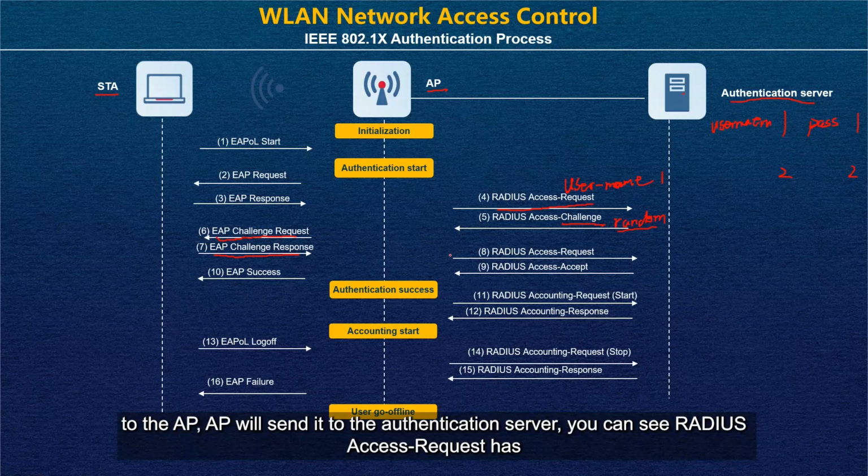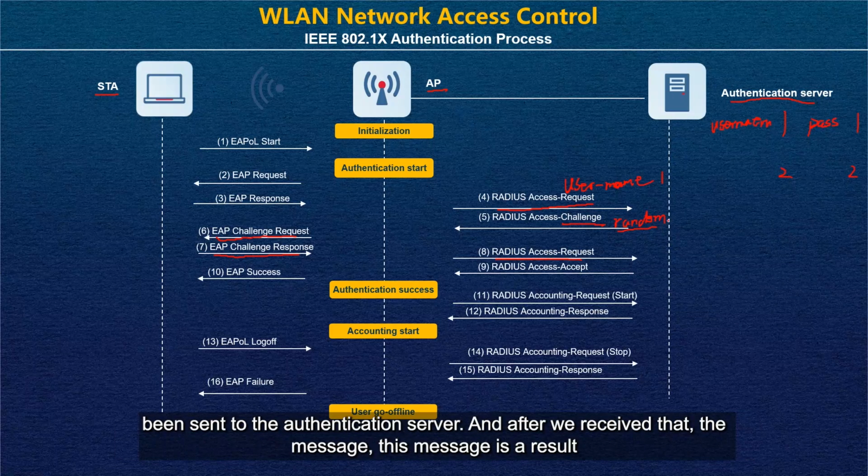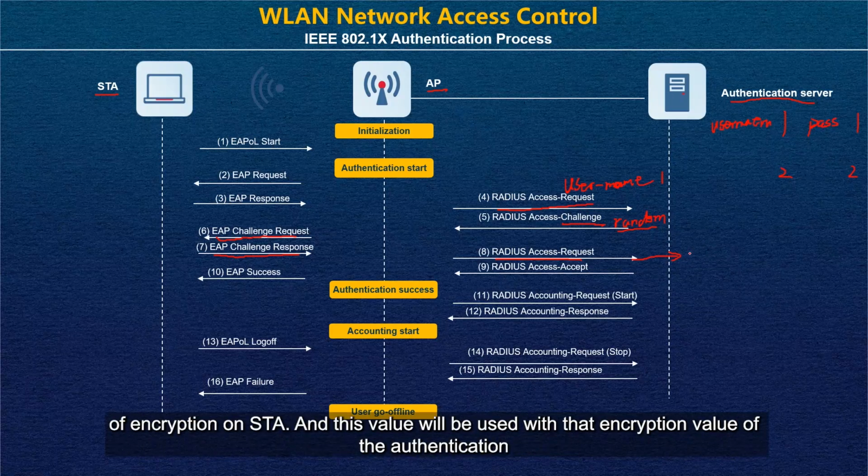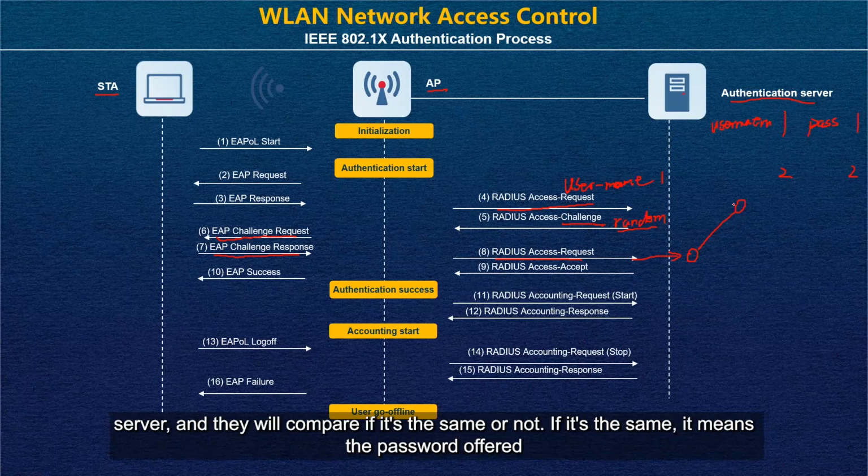The AP will send it to the authentication server. You can see the RADIUS access request has been sent to the authentication server. And after receiving that, this message is the result of encryption on the STA, and this value will be compared with the encryption value of the authentication server to see if it's the same or not.